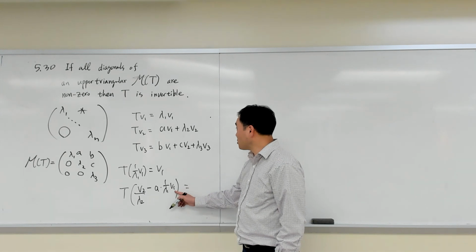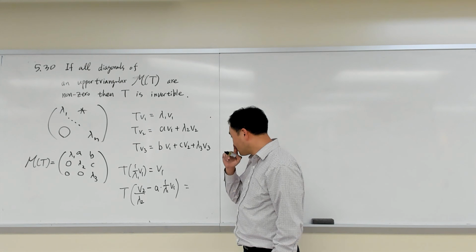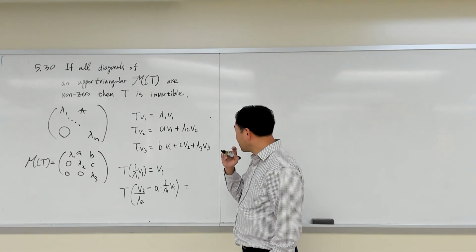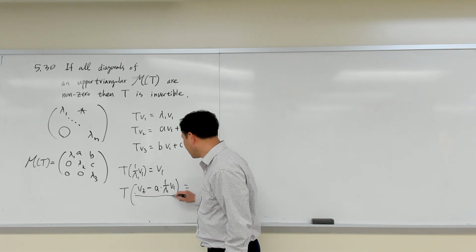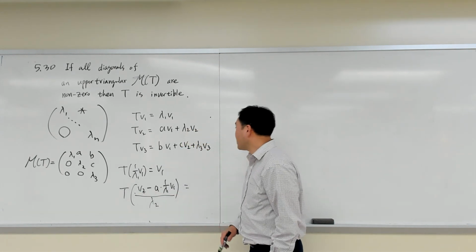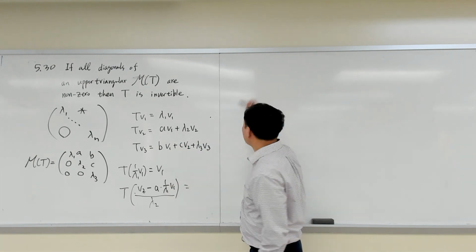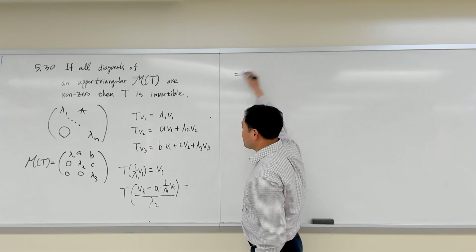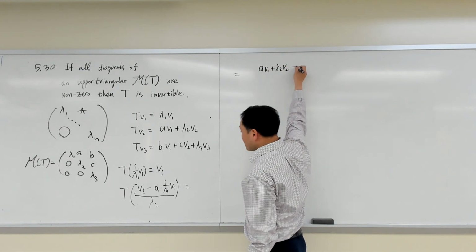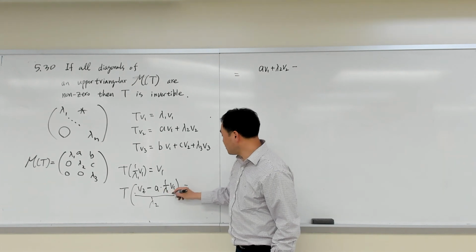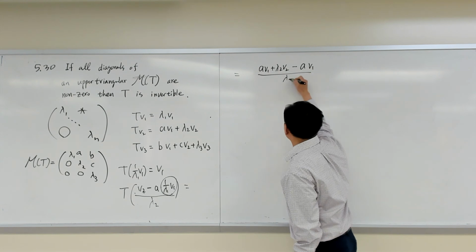Let's see. T v2 is a v1 plus lambda 2 v2, minus, this one gives you v1, so a times v1, divided by lambda 2, and that is equal to v2.